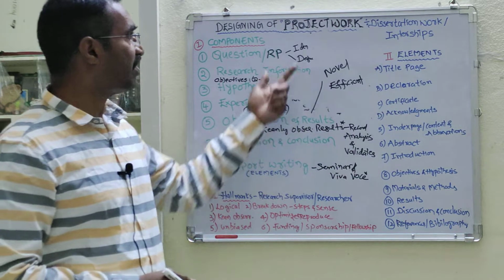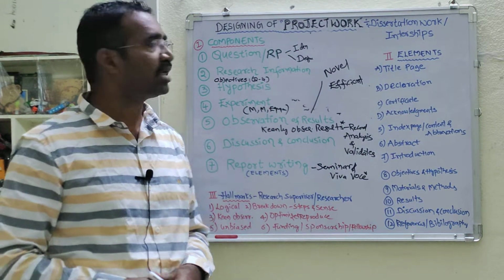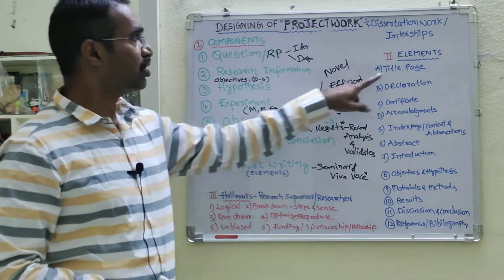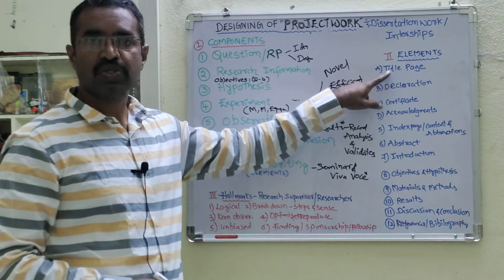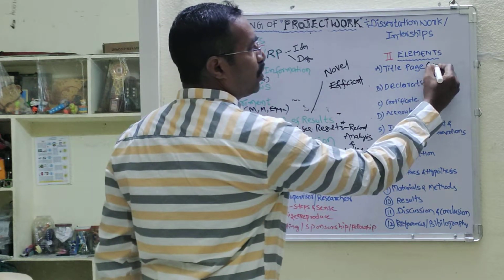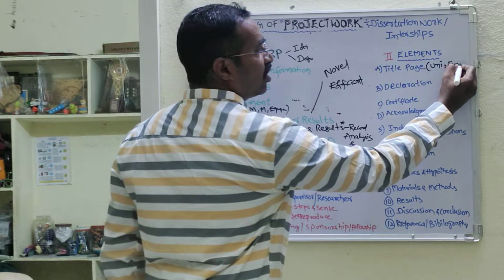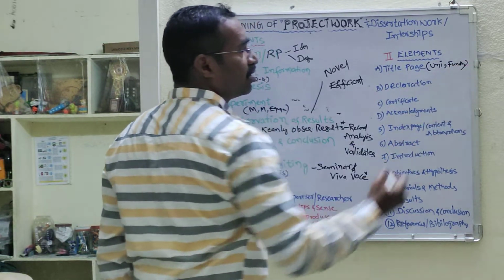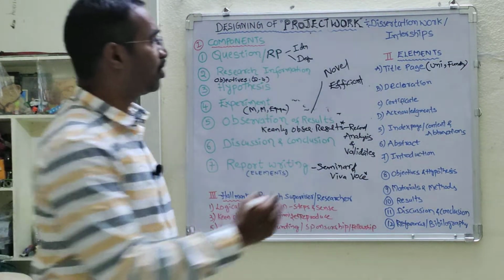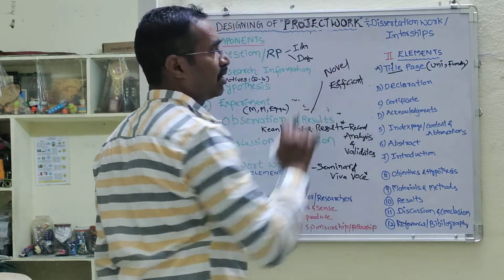As I told you, several different agencies give fellowships to conduct project works. So the title page should reflect the university in which you are doing the work, the funding you have gained, and the title of your project work.